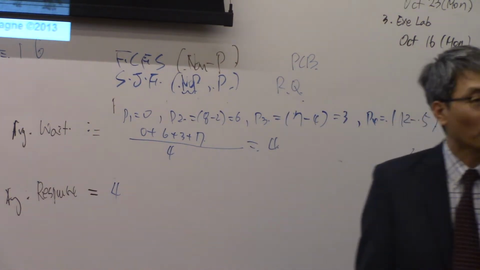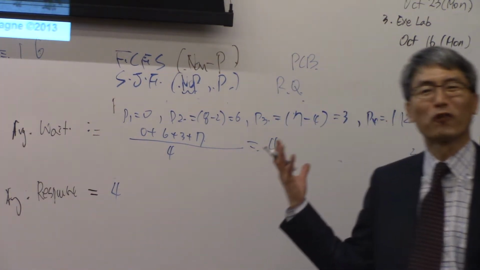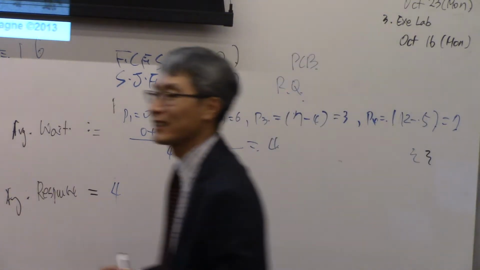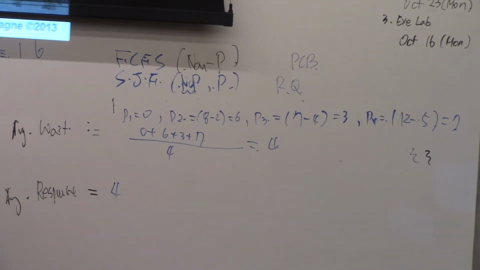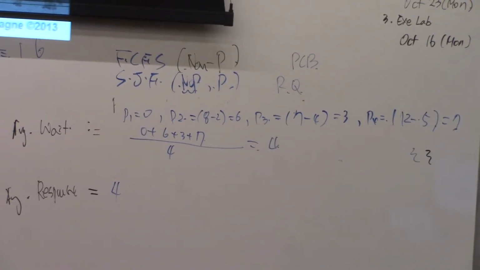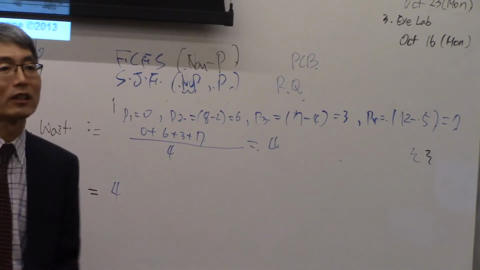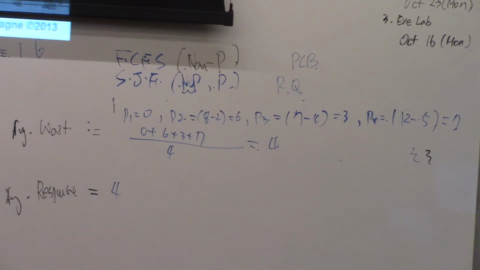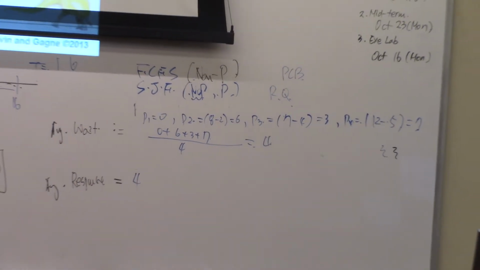Any questions? Then next we will go for the preemptive case. It means whenever an event occurs, we will check the remaining CPU time. Because in the preemptive case, the process can be stopped, paused, then resumed later.